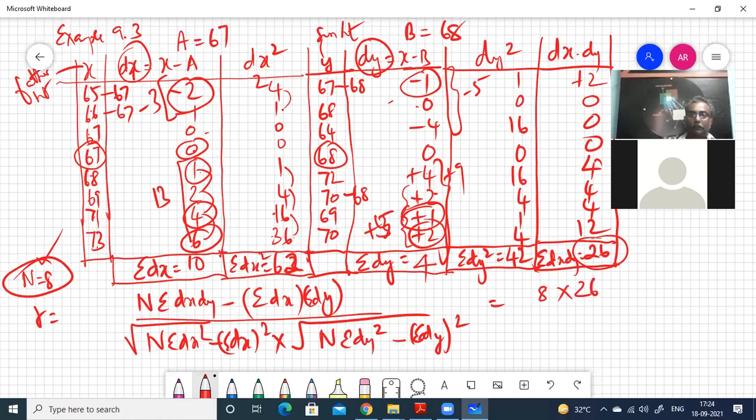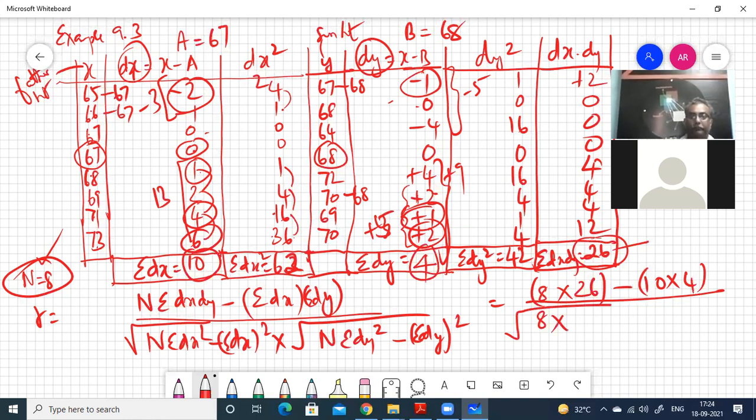8 into sigma dx dy, how much? 26. 8 into 26 minus sigma dx. What is sigma dx? 10. 10 into sigma dy, which is 4. 10 into 4. See, very simple thing. Again n is 8, root of what? Sigma dx squared, how much? 62.